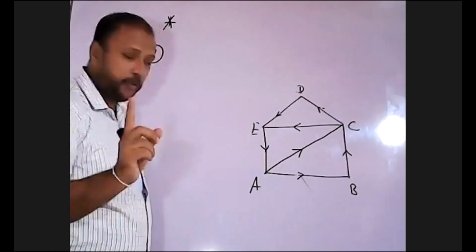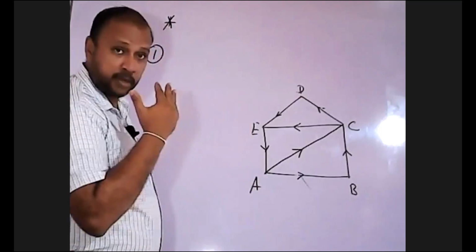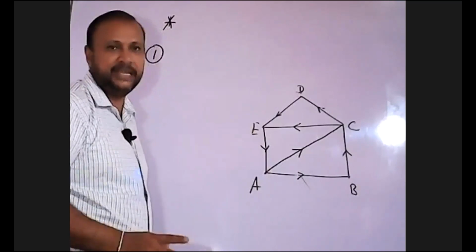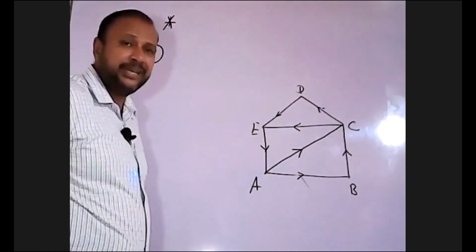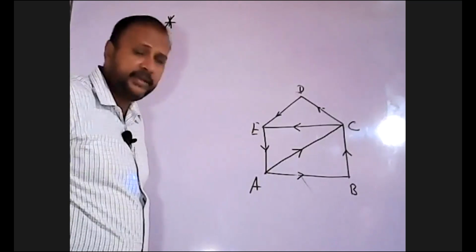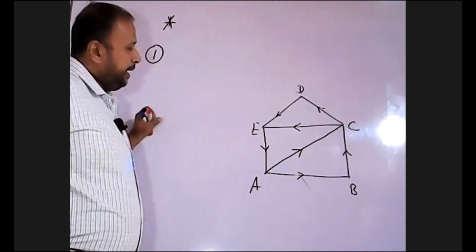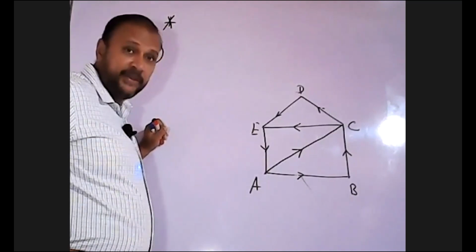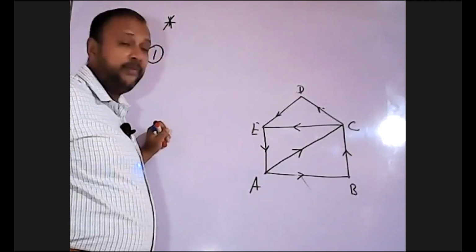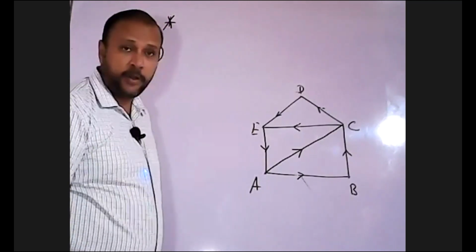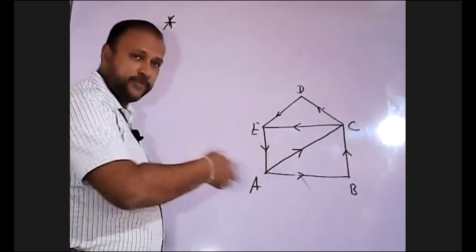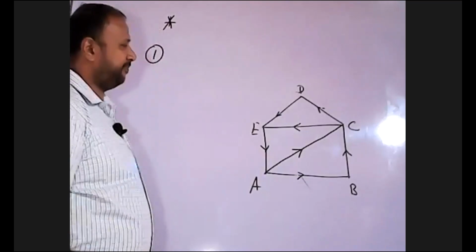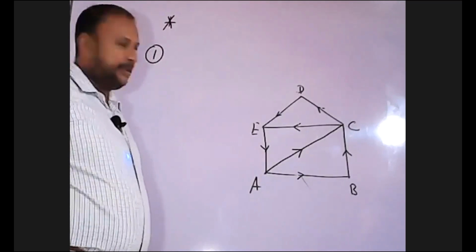But the most important thing is to look closely into the figure and take the largest polygon, because if you see the largest polygon at once, then it is easy. Then apply vector triangle principles or vector polygon law to reduce the number of vectors into one vector. That is a way of doing this kind of question.